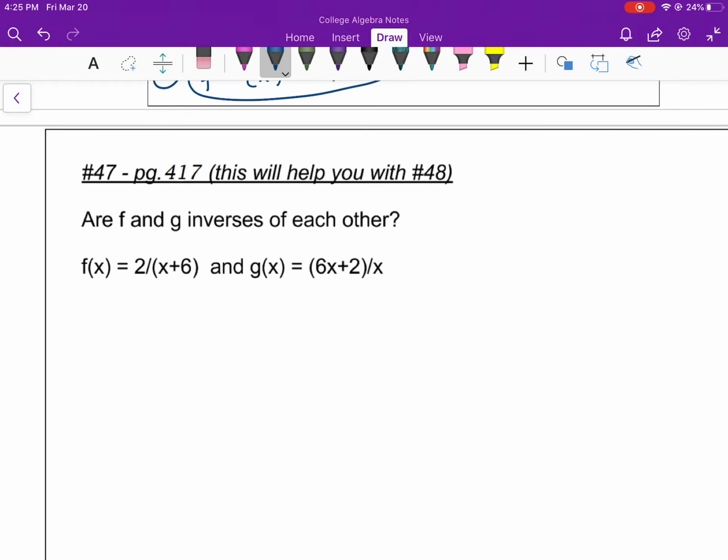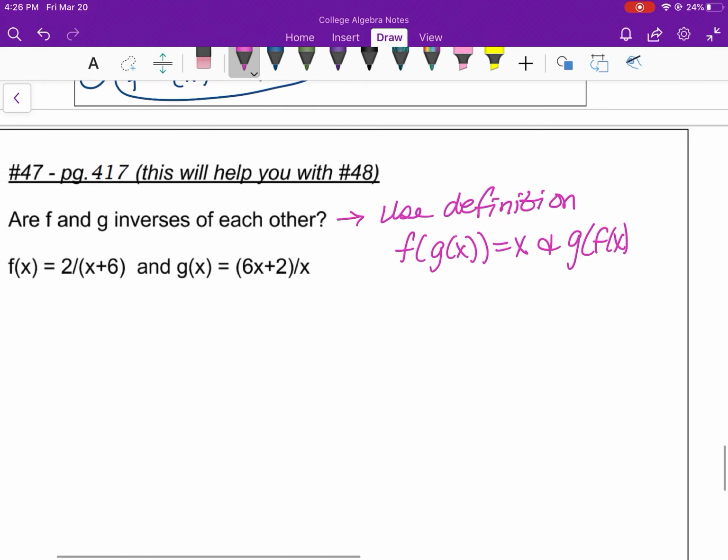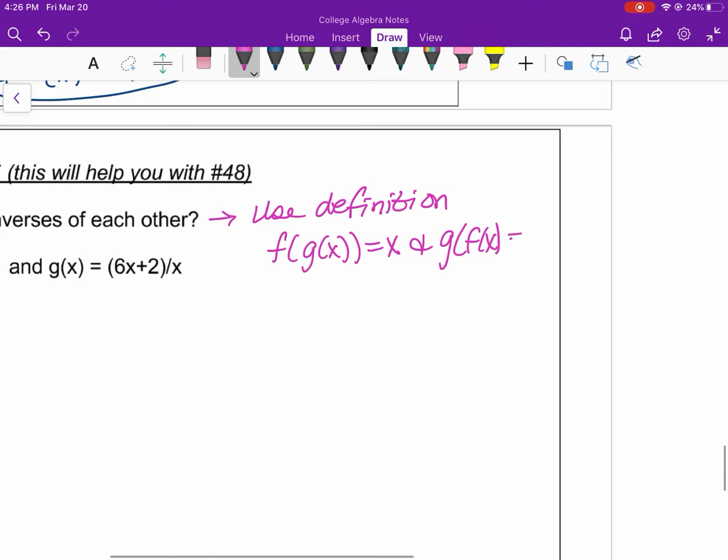This is number 47. It's asking you if these two are inverses of each other. Now this goes back to the definition of inverses, which means you have to show composites. So we want to show both of these two things.